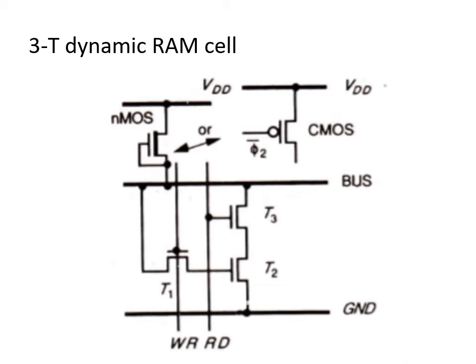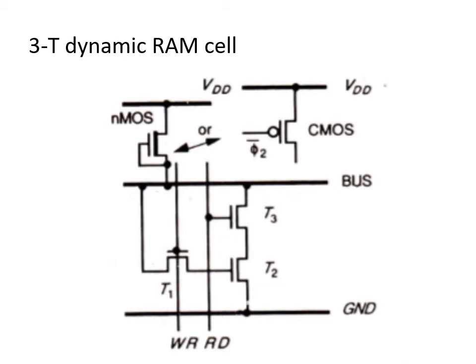That means both are conducting, that is T2 as well as T3, and there is a path to ground. So the output will be pulled down to 0. So here you can see 1 was stored as gate capacitance, but the bit read in the bus is 0. It is complementary actually.